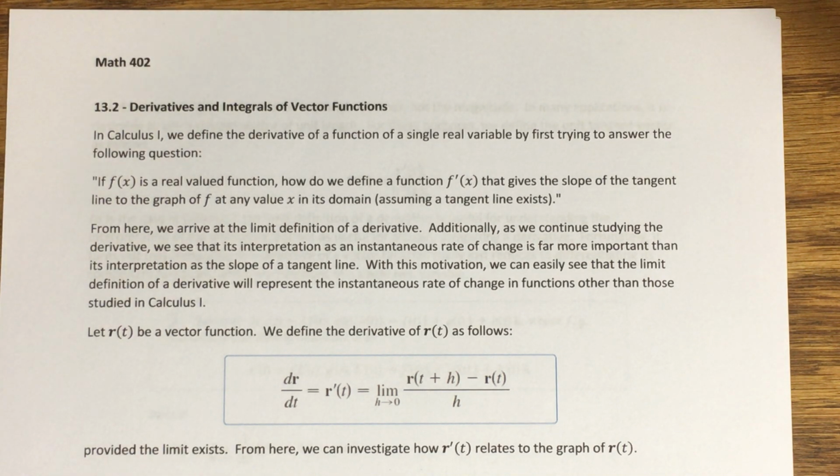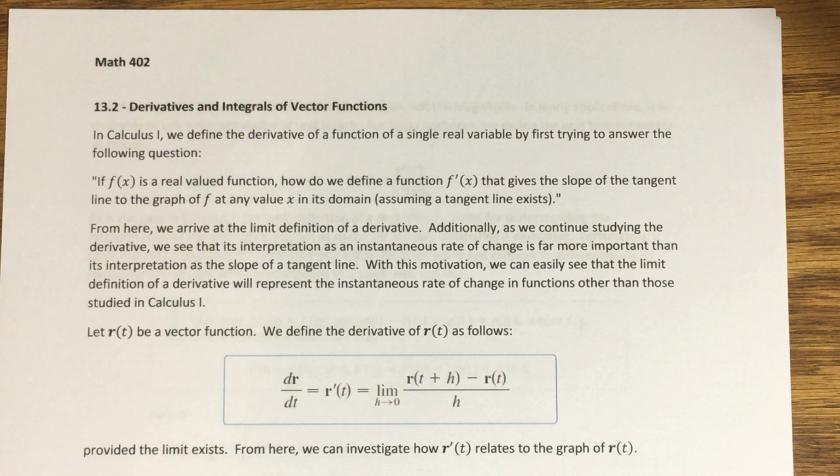And that's a very valid interpretation of the derivative when we are talking about functions of a single real variable. However, the concept of the derivative is used in far more contexts than just that limited scope of functions that we talk about in Calculus 1, and that is again functions of a single real variable.